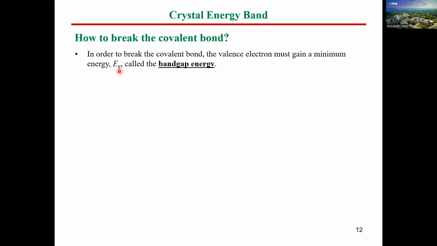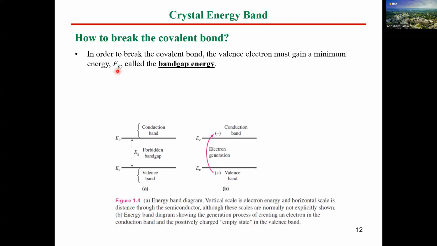This energy we call Eg, or band gap energy. So if you apply or deliver this band gap energy to an electron, the covalent bond can be broken, and the electron will be free to move and allow a current flow.